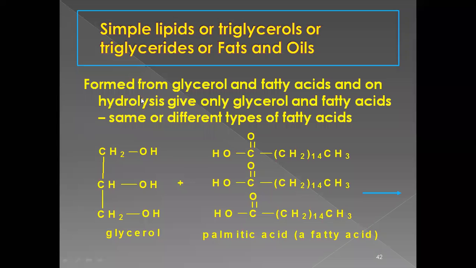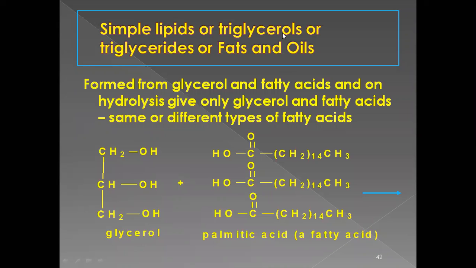After the hydrolysis of these triglycerides, what happens? One glycerol molecule forms ester bonds with three molecules of fatty acid. So this triglyceride upon hydrolysis gives only glycerol and fatty acids, either the same type or different types of fatty acids.